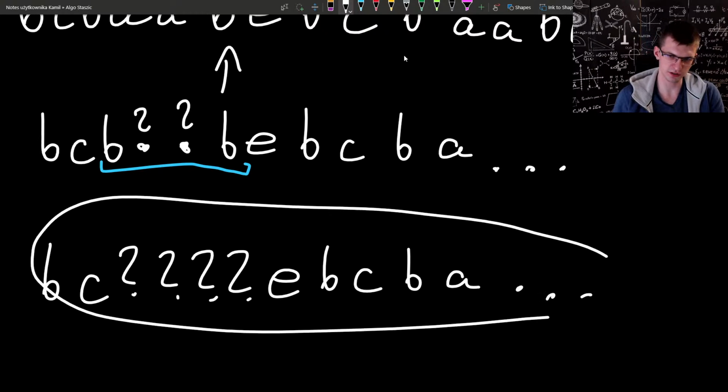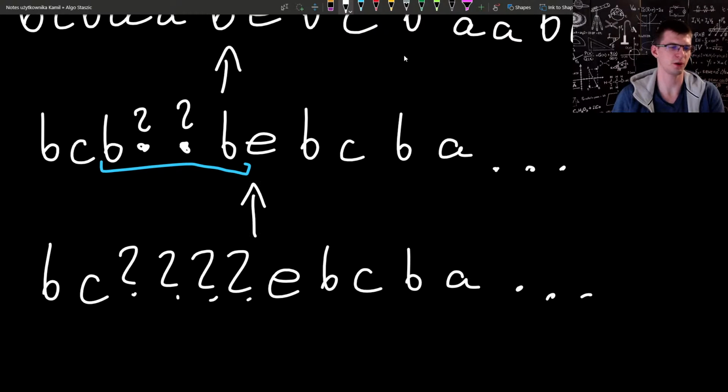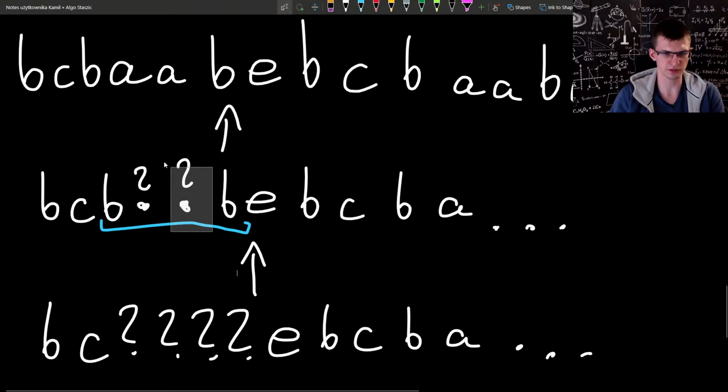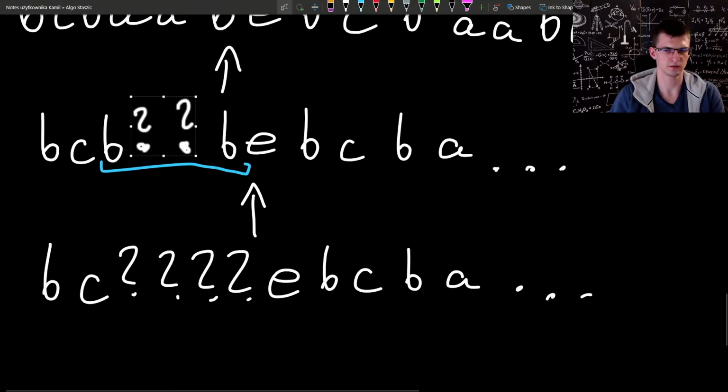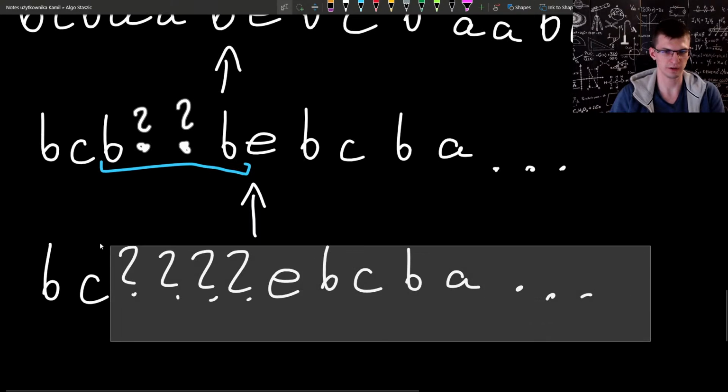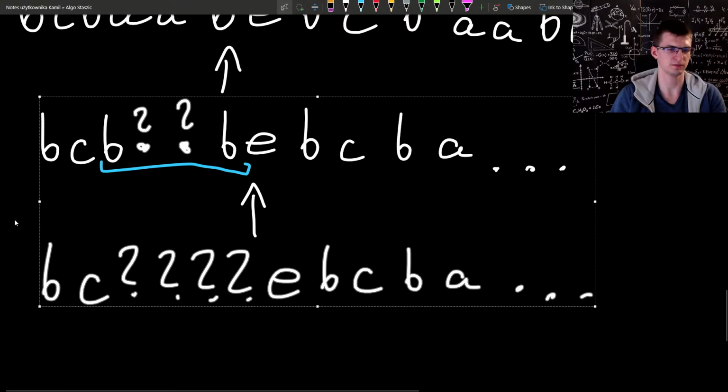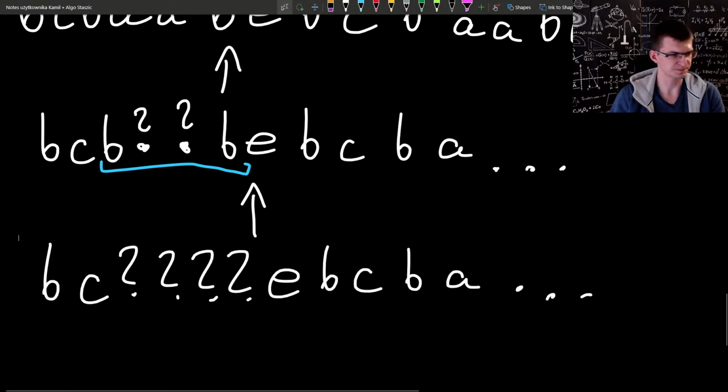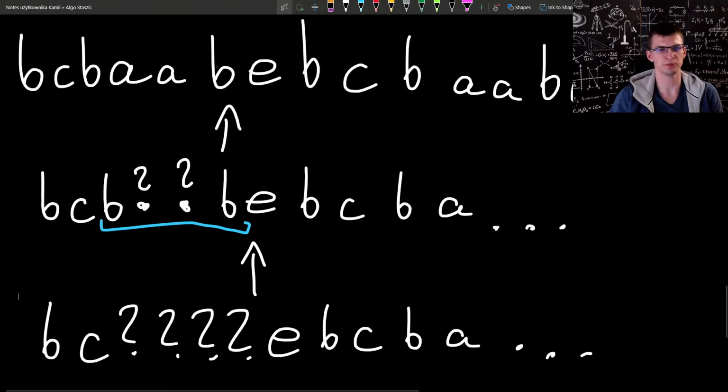If I can do this in 5 operations, I can create this. Then in one operation I can put B's everywhere here, and in one more I can put A's everywhere here, if I know how to create this optimally. Maybe that's promising.